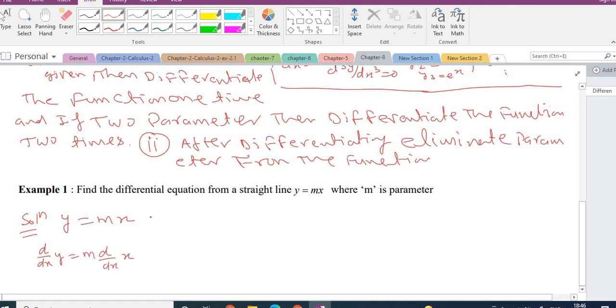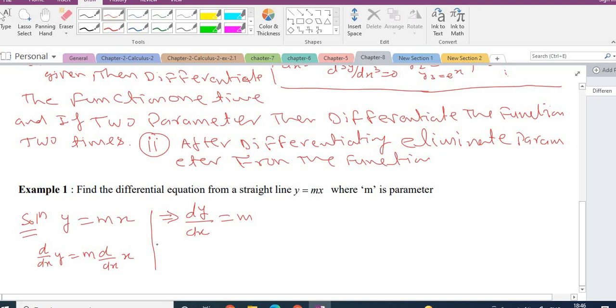So d/dx of y means dy/dx equals m, and d/dx of x is 1. So this is the differentiation. The differentiation step is completed. You need to differentiate one time because one parameter is given.